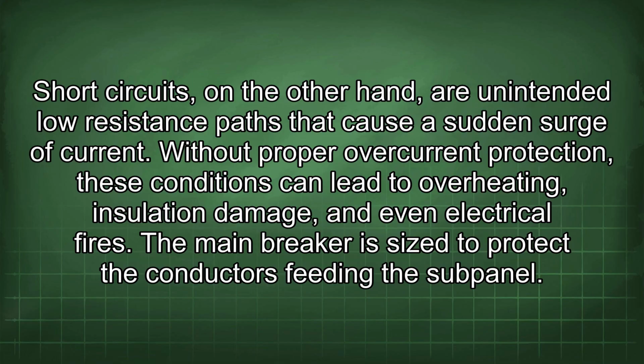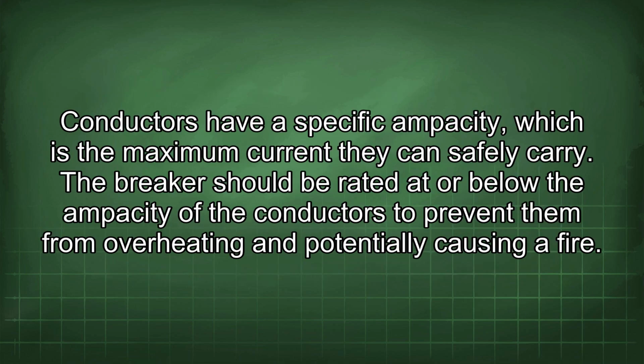The main breaker is sized to protect the conductors feeding the subpanel. Conductors have a specific ampacity, which is the maximum current they can safely carry. The breaker should be rated at or below the ampacity of the conductors to prevent them from overheating and potentially causing a fire.